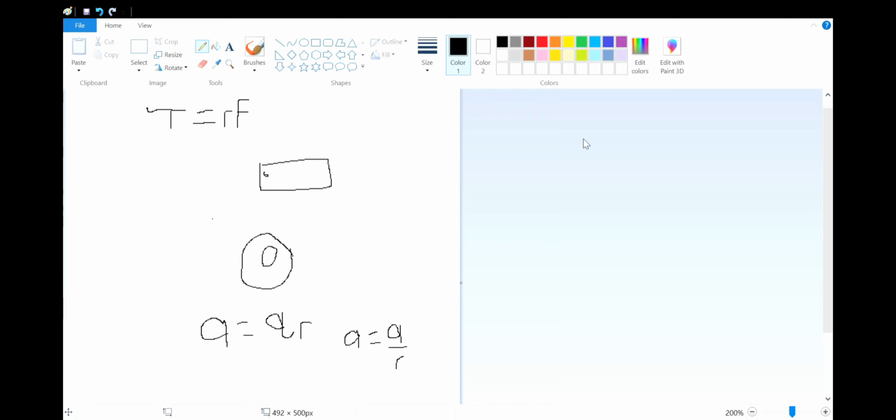Although these are not the only two factors affecting torque. For example, if you push directly in the direction of the hinge, you will experience no torque regardless of how hard you push.